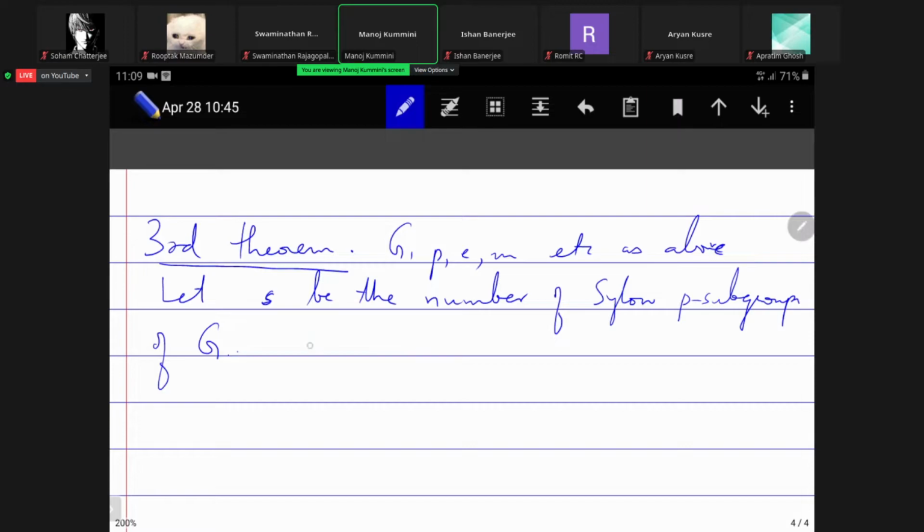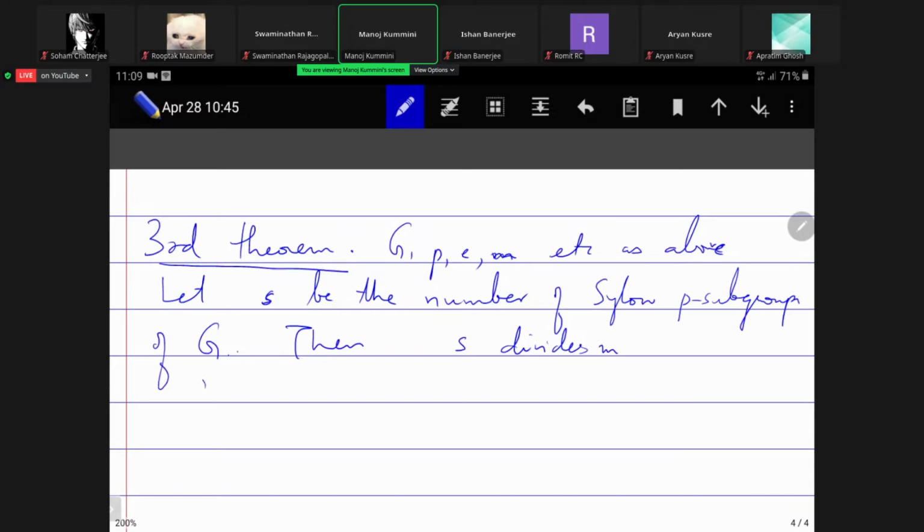Okay. Then S divides M. Remember, M is the index of the Sylow P subgroup. The Sylow P subgroup's order is P to the E, and the index is M. Okay. The number of cosets is M. S divides that. Okay.